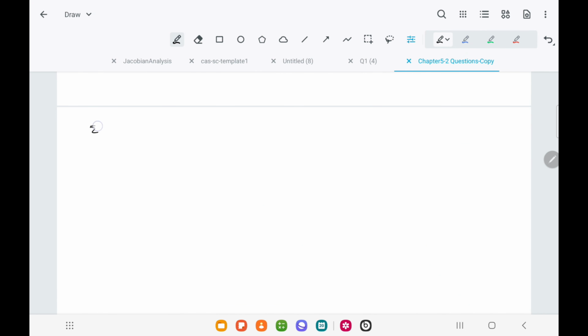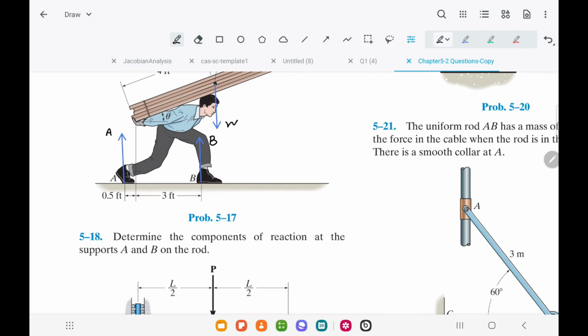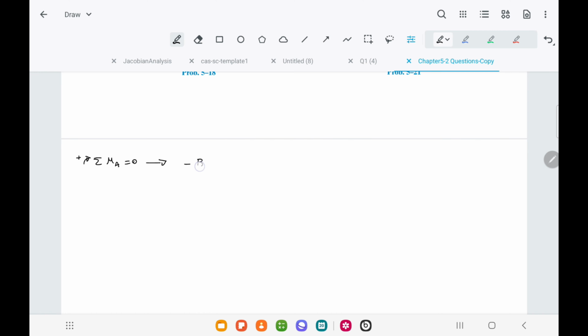To start, we will write the moment equation about point A and find the reaction force at point B. By writing sigma M_A, positive direction clockwise, equal to 0, we get that the force B makes a counterclockwise moment about A, and the value is negative and equal to B times the distance, which is 3.5 feet.